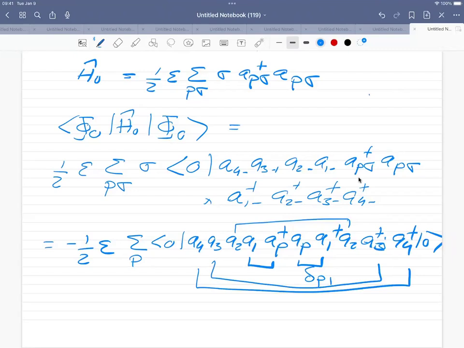So what you will get then is just a chain of Kronecker deltas. And since we have 4 states, we will get 4 Kronecker deltas. So that means that I get 4 contributions, which are just 4 times 1. So this becomes simply equal to -2 times epsilon. That's what I get there.